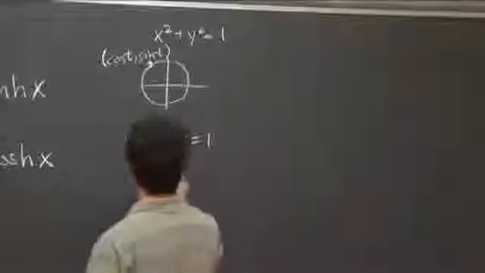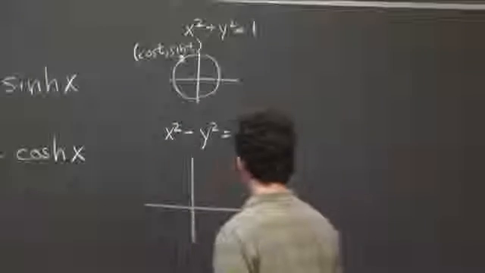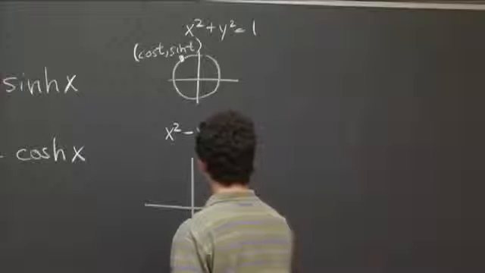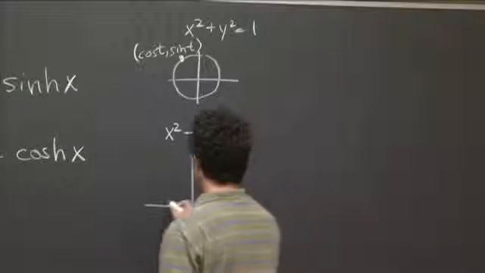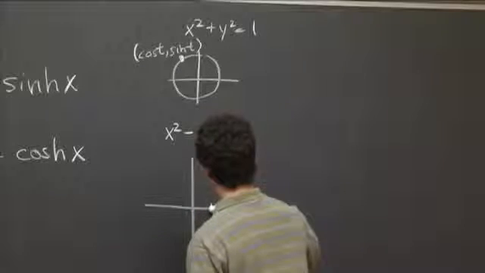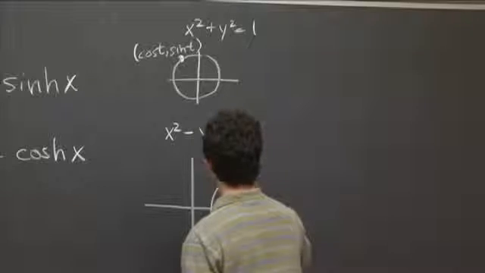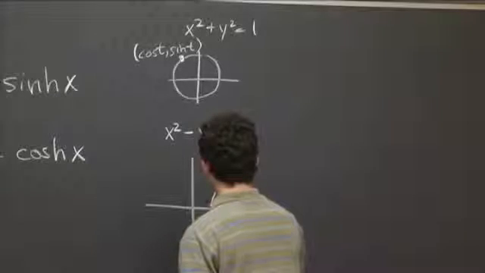If you graph this equation, what you'll see is that it passes through the point (1, 0), and we've got one branch here. It's got a little asymptote there.